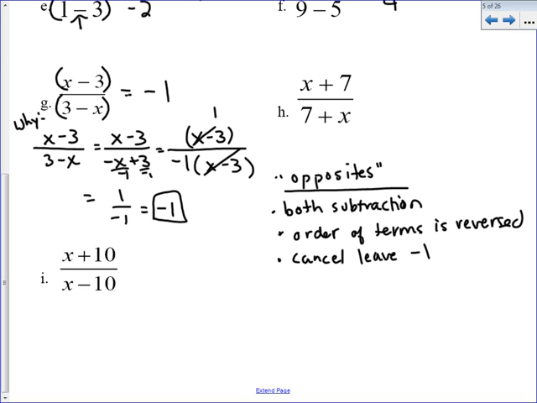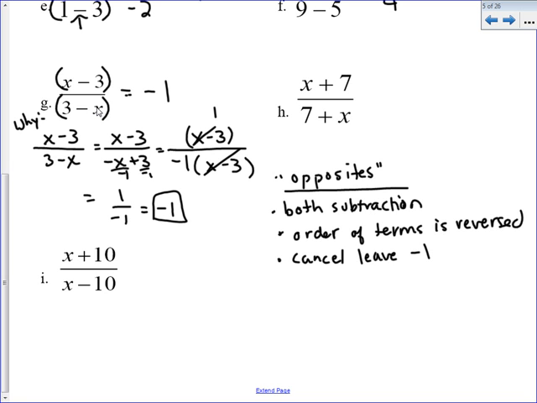That's the whole reason why opposites cancel to a -1. What I need you to recognize is just when you have opposites, not necessarily going through the factor out a negative, but that if you have the same two terms in your factors, they're both subtraction, but one's turned around, you can cancel them, but they leave a -1. And we'll do some examples with that.